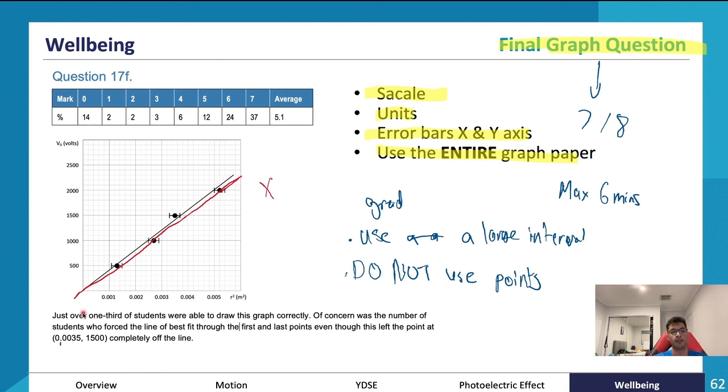If you're trying to calculate the gradient of this line, do not use the points that they give you. You want to be using the points on the actual graph you draw. And you also want to be using as wide an interval as possible. So you want to be picking something up here and something down here. You don't want to be picking two points that are close to one another. In this region, you want to be picking points that are as far apart as possible.